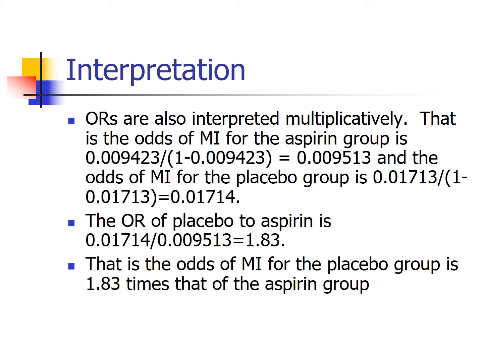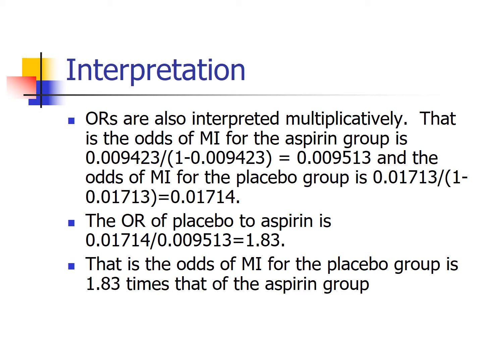So the odds ratio of the placebo to aspirin is 0.01714 over 0.009513. Put that in a calculator, you get 1.83. So we would say that the odds of myocardial infarction for the placebo group is 1.83 times that of the aspirin group.